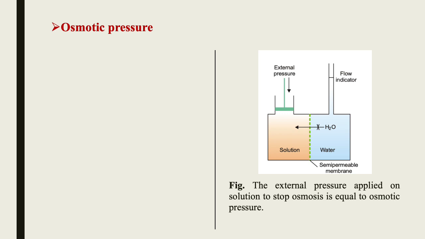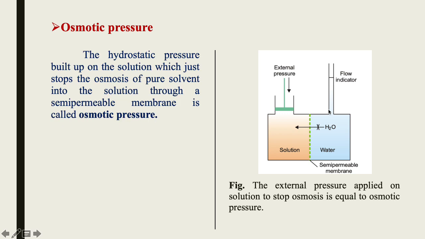Here this level will not increase. This flow indicator, this capillary action, will show how much solvent is moving from here to here. So you have to apply pressure in such a way that the flow in this line stops. That is called osmotic pressure.